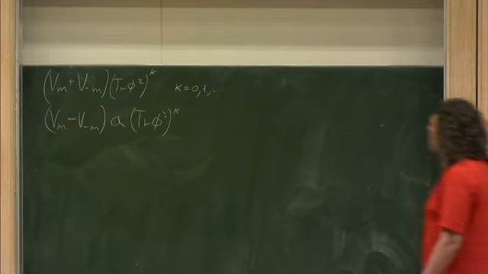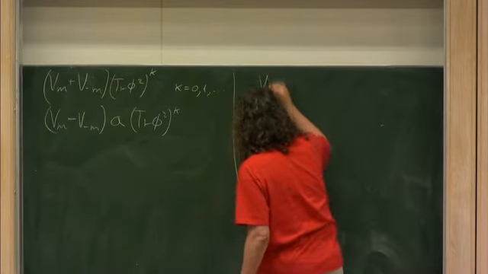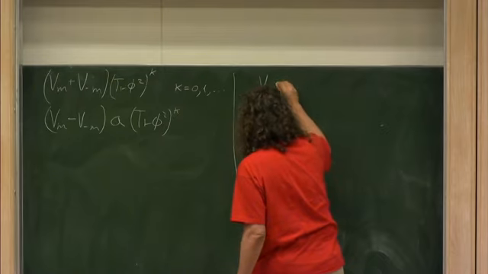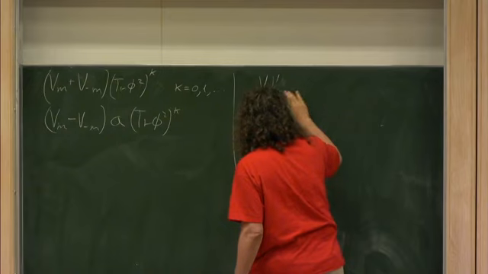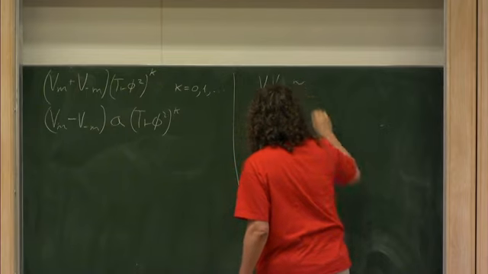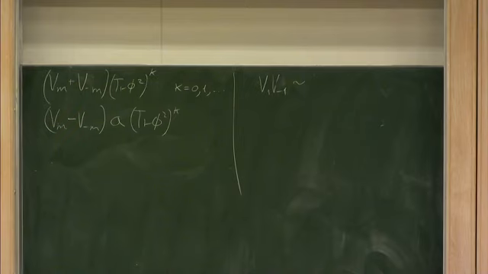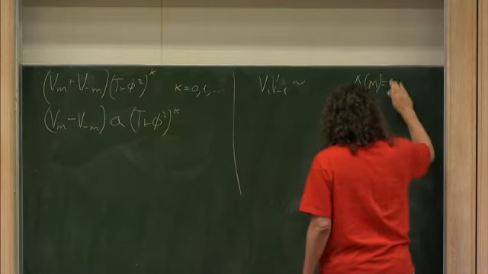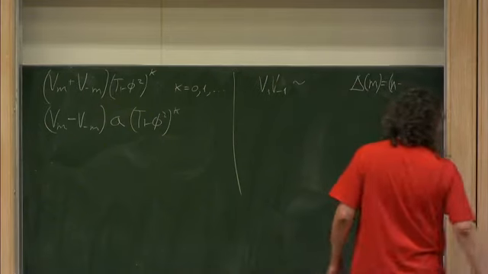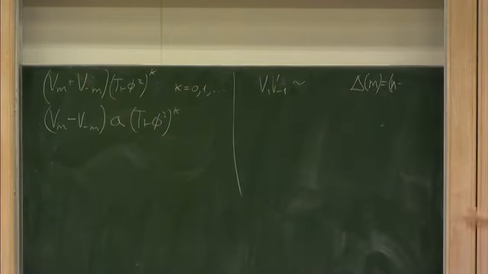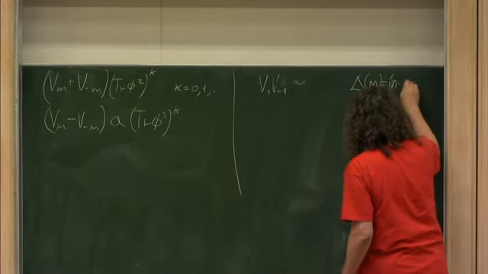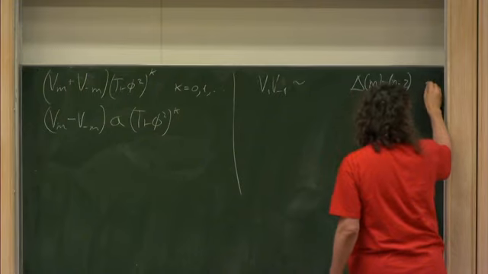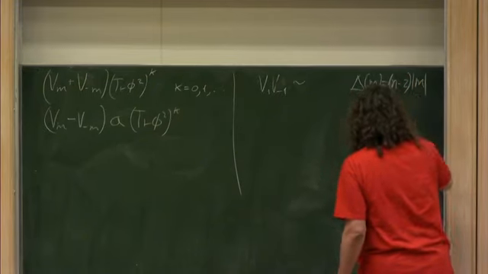And again, I could make the analysis. V1, let's look at V1, V minus 1. I still did not specify what is delta, so let me write what is delta. Delta of m in this case is going to take this form. The number that I put here is n, so it's going to be n minus 2 times the magnetic charge.